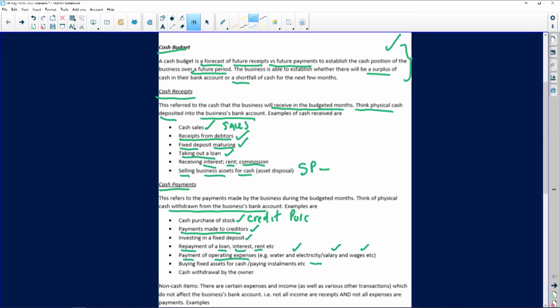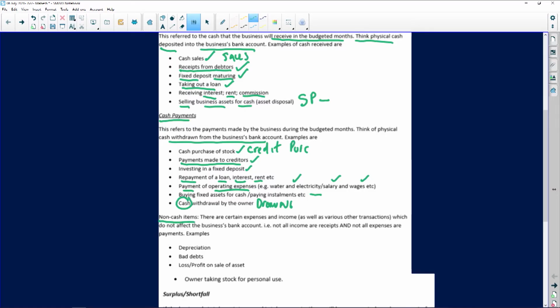So once again, money is now leaving your bank account, and obviously that's regarded as a cash payment. And then finally, the last example that I'm giving you is cash withdrawn by the owner. So remember, drawings, when the owner takes anything out of the business for personal use. But remember, in a cash budget, the focus is only on the cash that the owner has taken from the bank account or from the business.